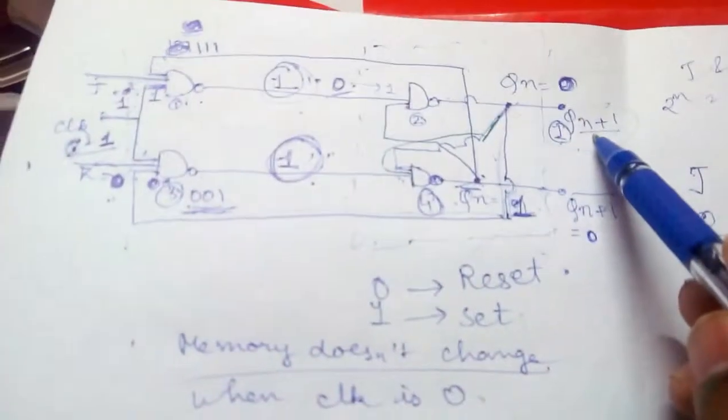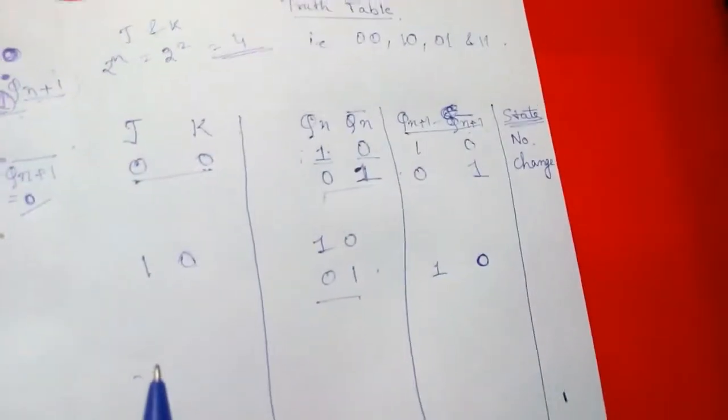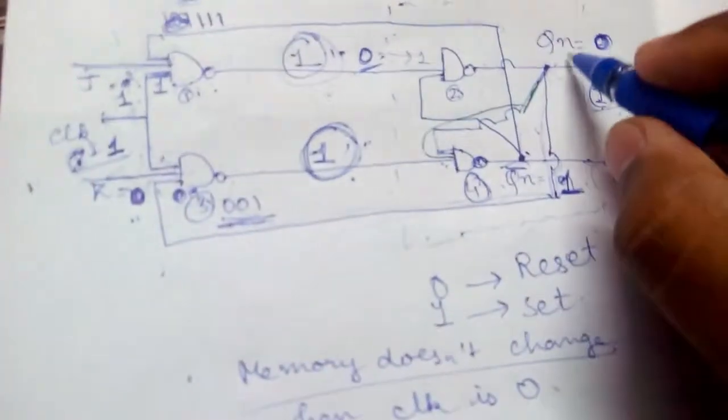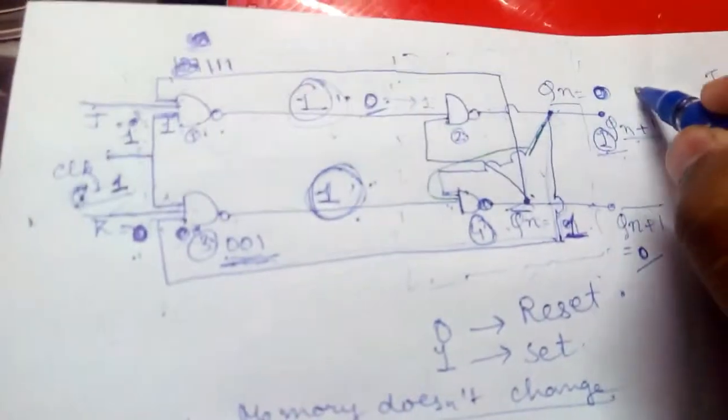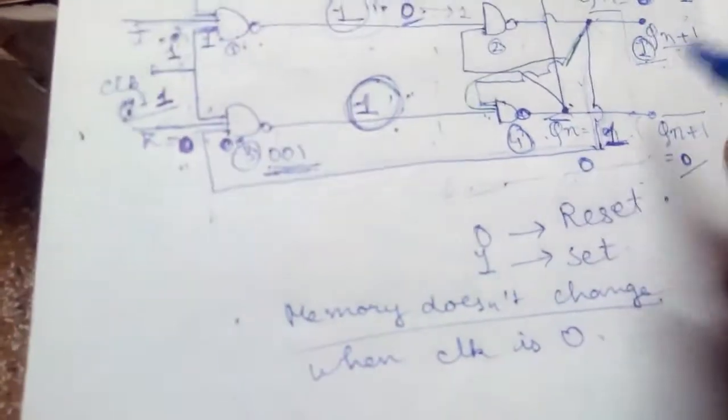Therefore Qn plus 1 is 1 and Qn plus 1 dash is 0. Let's write it like this: 1 and 0. Similarly, taking Qn equal to 1 and Qn dash equal to 0.